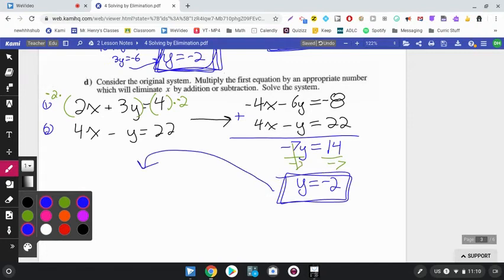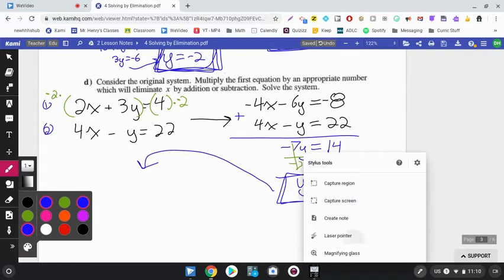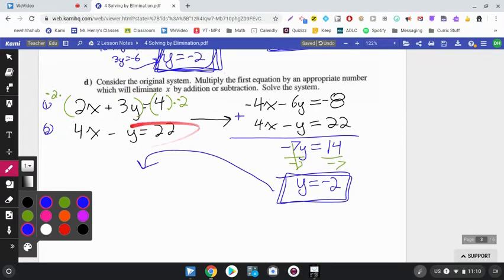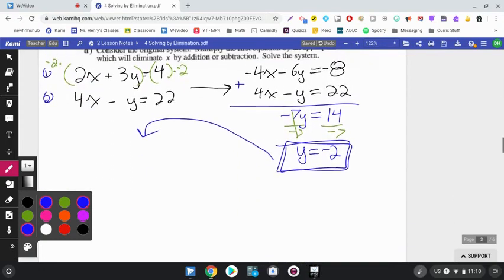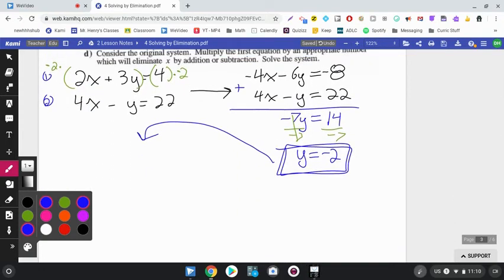All right. Well, now I'm going to plug that in and say, how can I find x? So again, it doesn't matter. Maybe you choose equation 1, maybe you choose equation 2. I plugged into equation 1 when we did this question the first time, just for interest's sake. Let's plug it into equation 2. 4x minus y equals 22. 4x minus -2 equals 22.